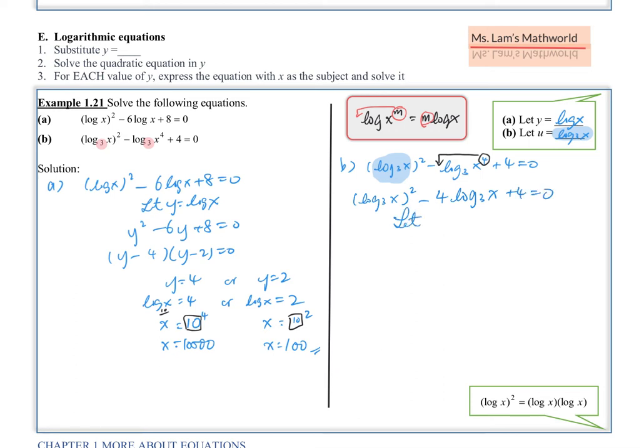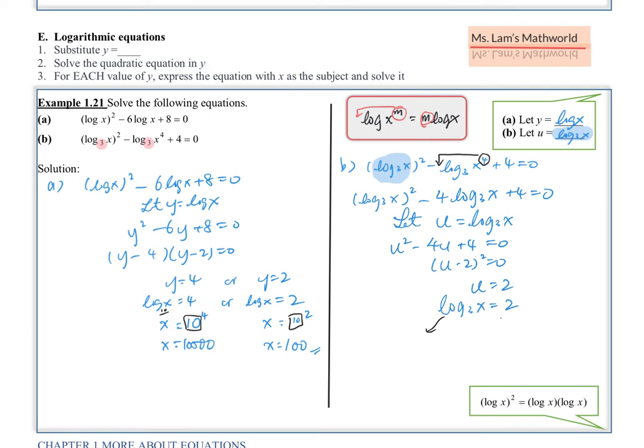So now we get log x with base 3 to be used for the substitution. So u squared minus 4u plus 4 equals 0, and you will get u equals 2. So put it back: log base 3 of x equals 2.